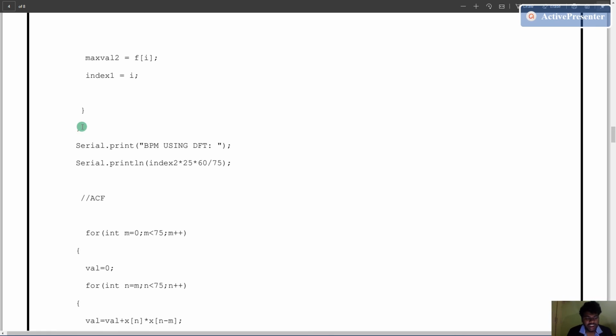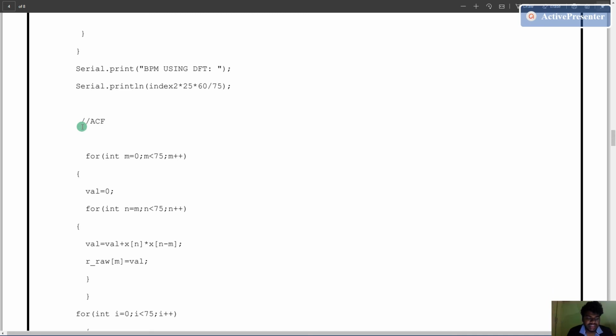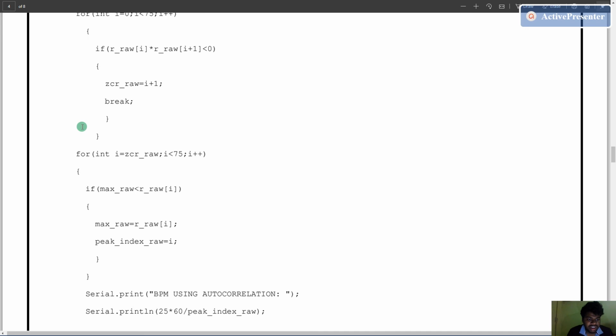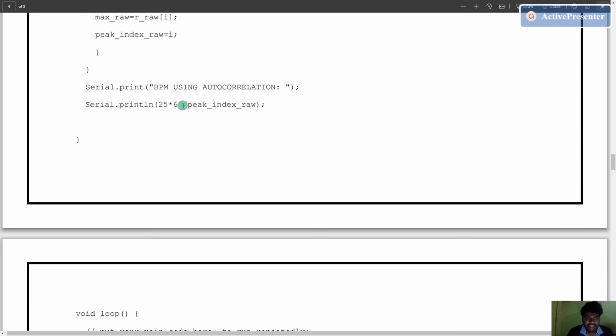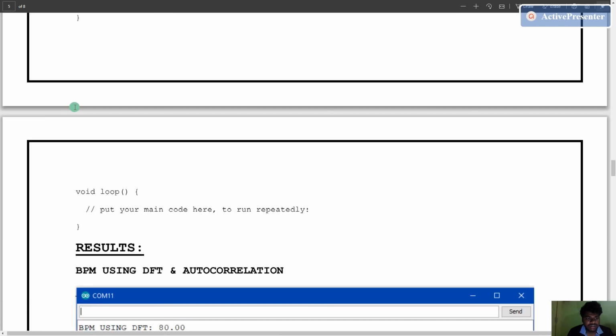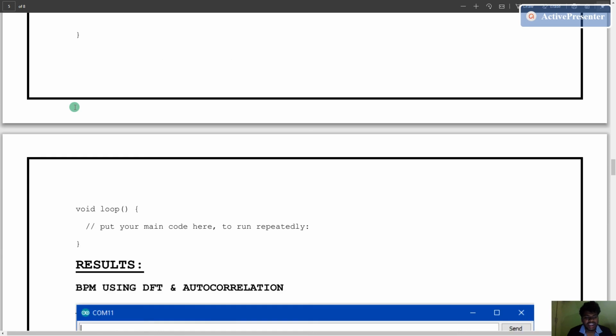Now we can also verify the code using the autocorrelation function as depicted in the previous lab experiment, and the period can also be calculated. For further information, please go to the previous video in this series, and the beats per minute using the autocorrelation method is also found. The results are as follows.